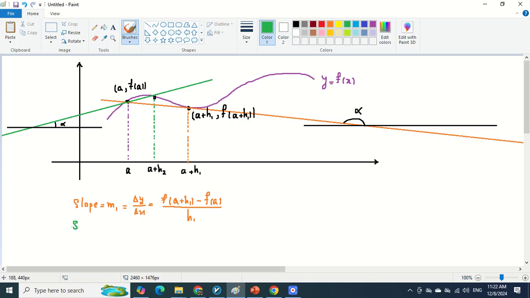The slope where I choose another point on the graph of a function, if I denote it by m2, is similar to the previous fraction. It's equal to f of a plus h2 minus f of a over h2.